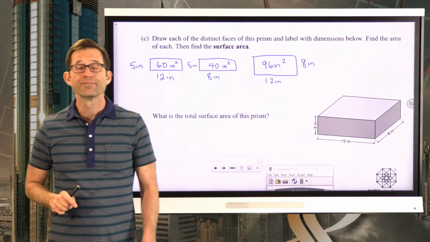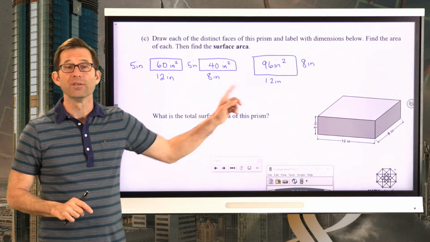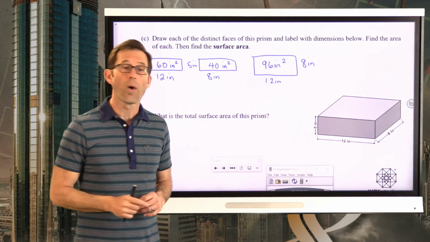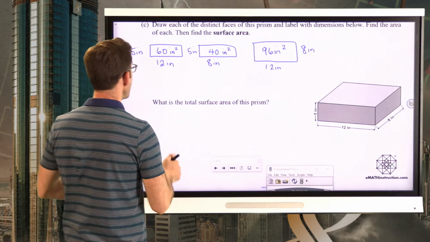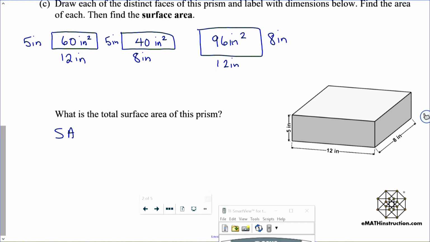All right, now, keep in mind, every one of these, there are 2 of them. So I can now say that my surface area would be 2 times that 60 plus 2 times that 40 plus 2 times that 96, and let's take a look and see what we get.